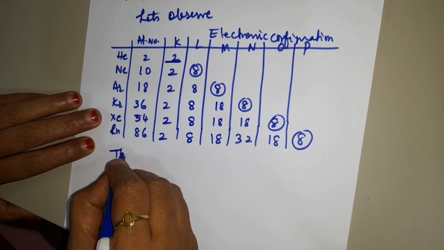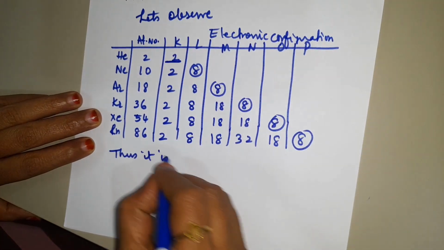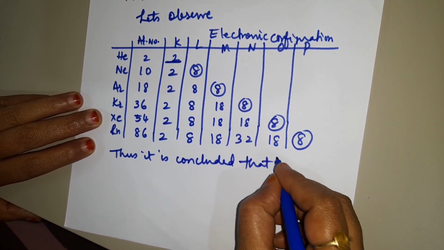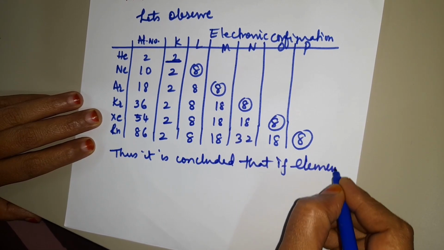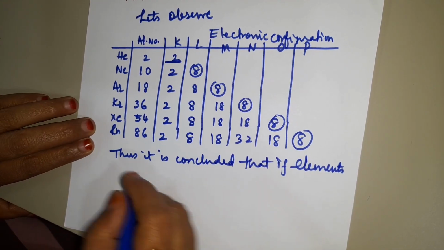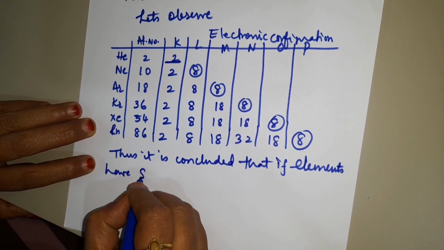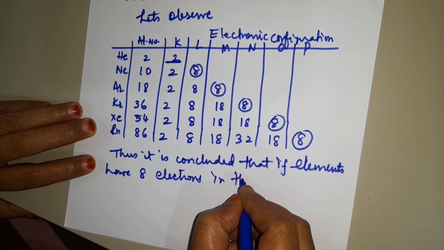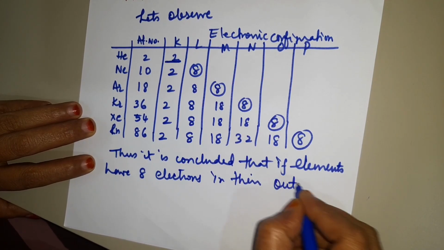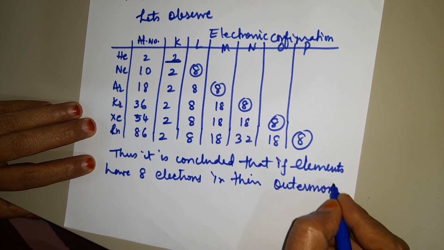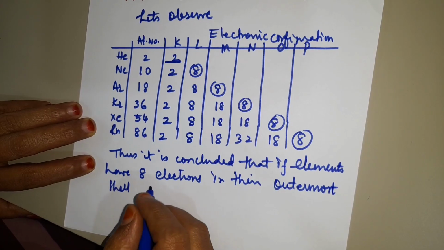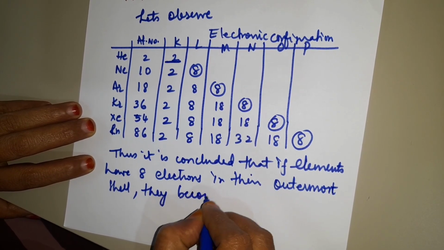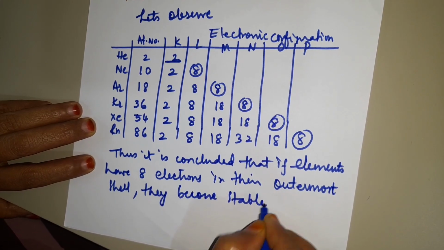Thus, it is concluded that if elements have 8 electrons in their outermost shell, they become stable.